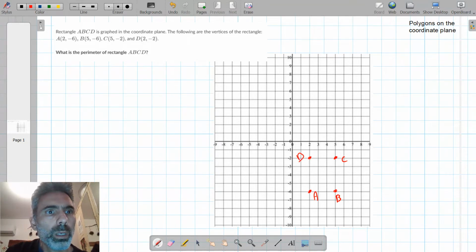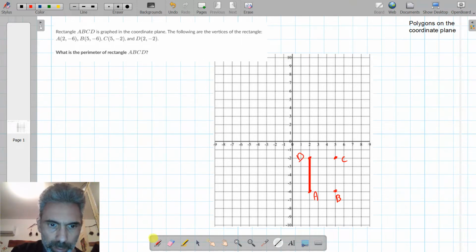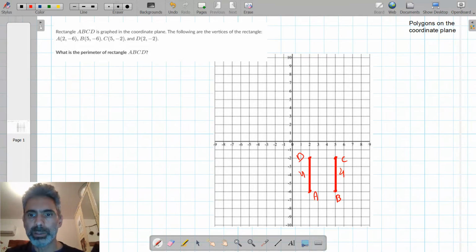So what is the perimeter of rectangle ABCD? The distance between point D and point A is the distance between -2 and -6, which is 4. And it means that the segment BC has the same length of 4.